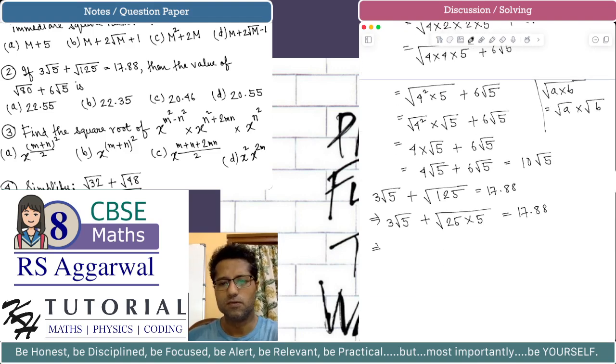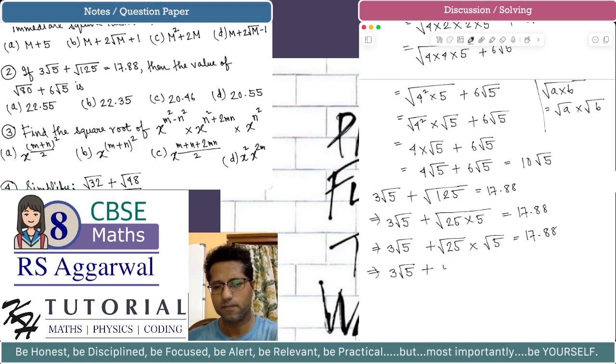So now this is equal to 3 into square root of 5 plus we can write it as square root of 25 multiplied by square root of 5, that is equal to 17.88. So this implies 3 times square root of 5 plus square root of 25, which is 5, into square root of 5 is equal to 17.88.